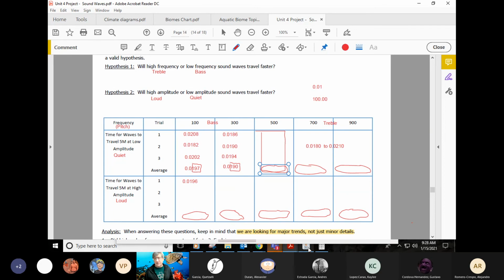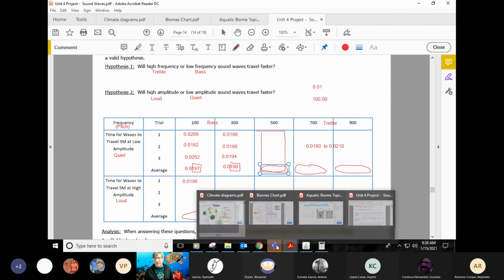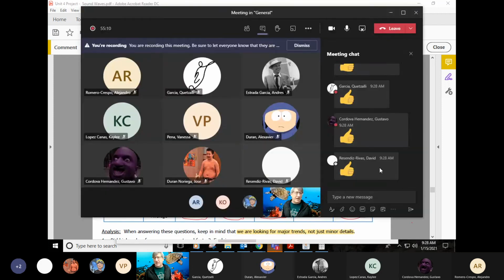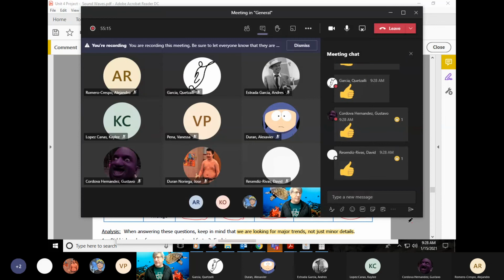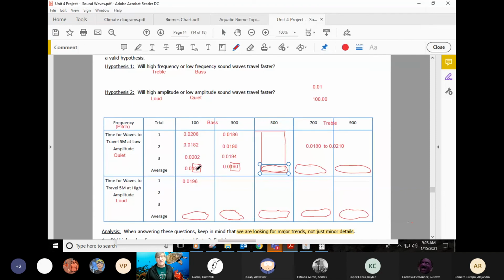So this is why we do averages, to get rid of little inconsistencies in the way that we gathered the data. An over measurement will be canceled out by an under measurement when we do these averages. So that's what scientists are going to do. Of course, they might do this not just 3 times, but 10 times, 100 times, something like that.